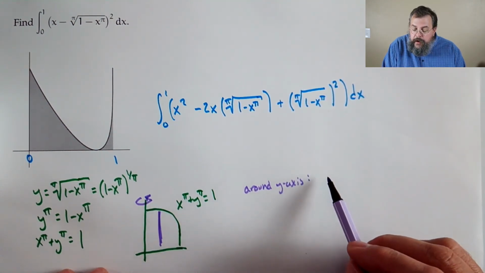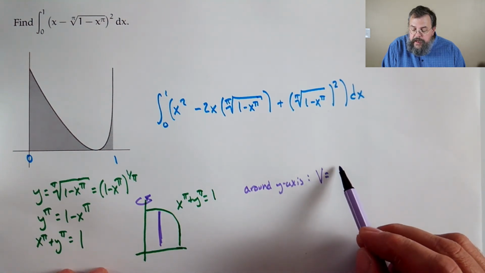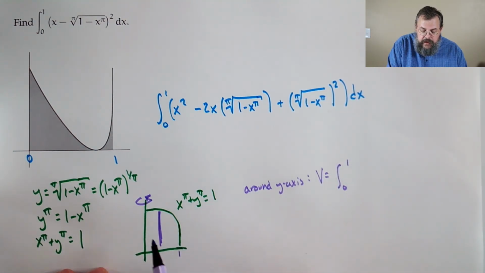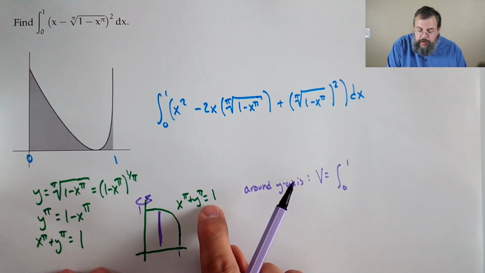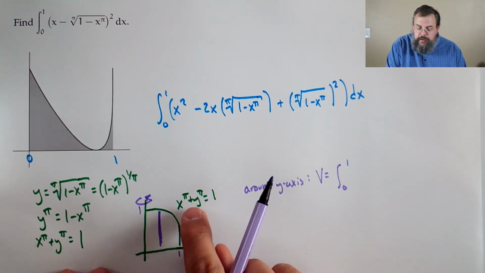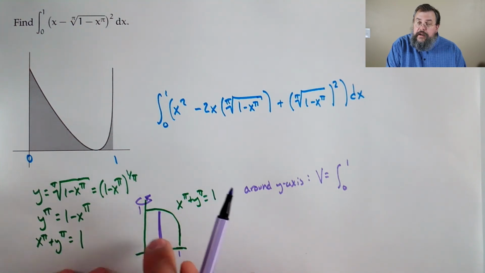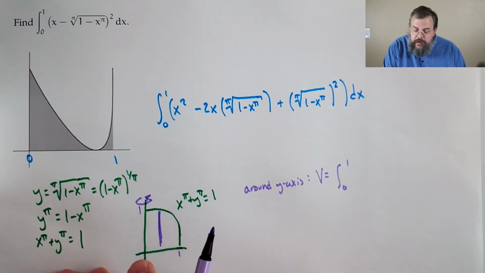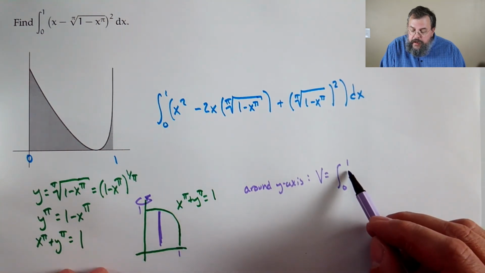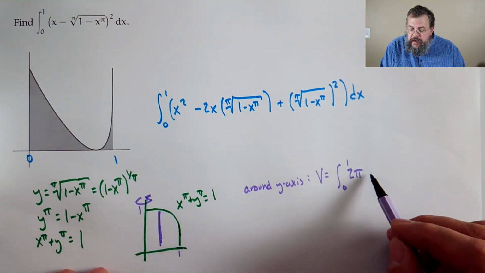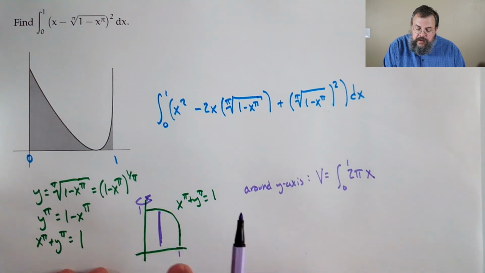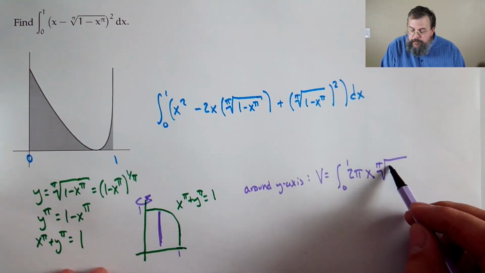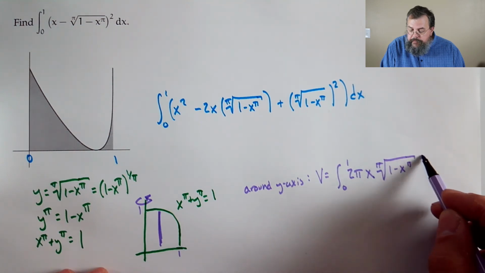Well, the volume, if we work it out, would be the integral from 0 to 1. You can see that when you have x equals 1 or y equals 1, you get 1 plus something equals 1, which means you're actually at the intercepts here, 1 and 1. Okay, so going from 0 to 1, 2 pi, and then x, and then the value of the function, which is the pith root of 1 minus x to the pi dx.